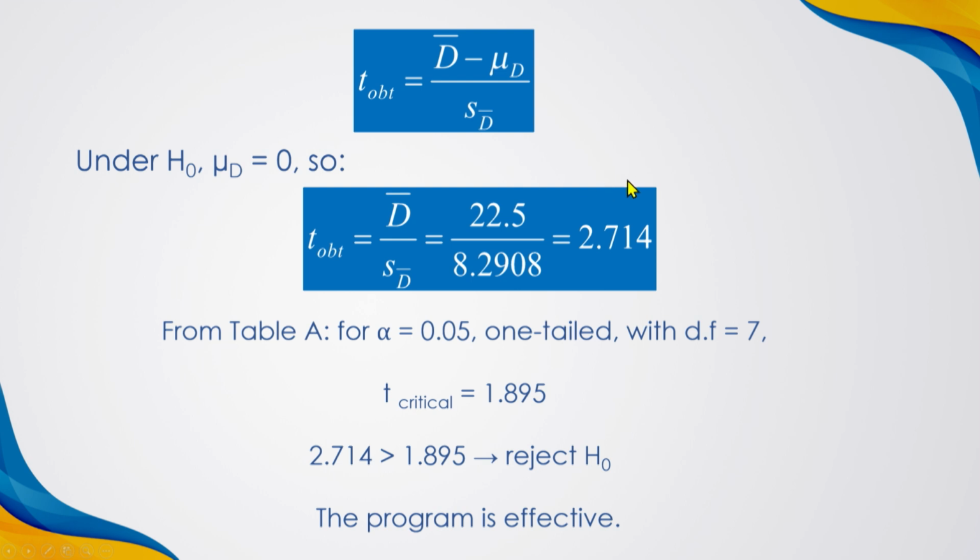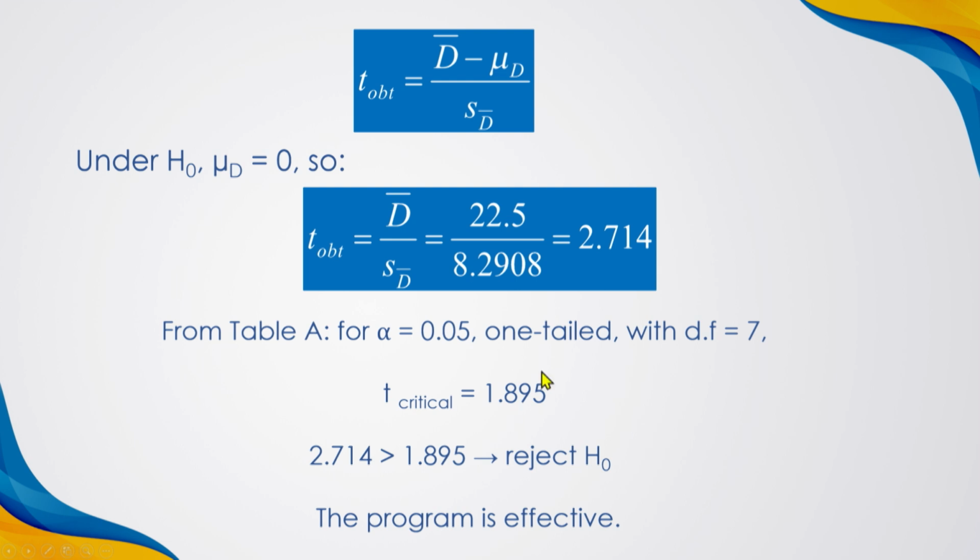Substituting the values, the t statistic value is 2.714, and the degrees of freedom is 7, because 8 observations, n minus 1 equals 7. The t critical value is 1.895, which can be obtained from the standard t distribution tables.